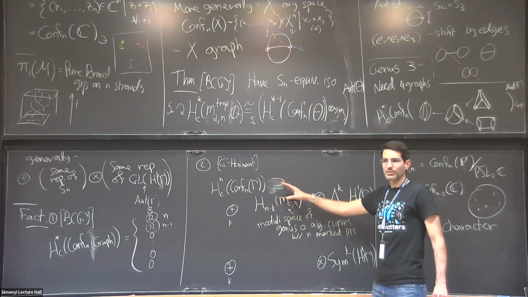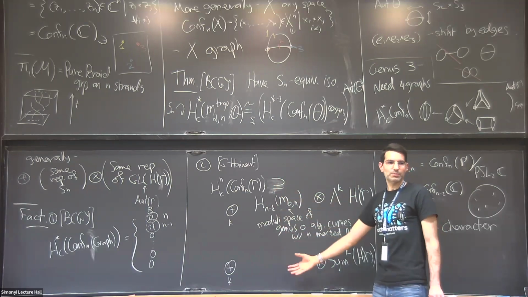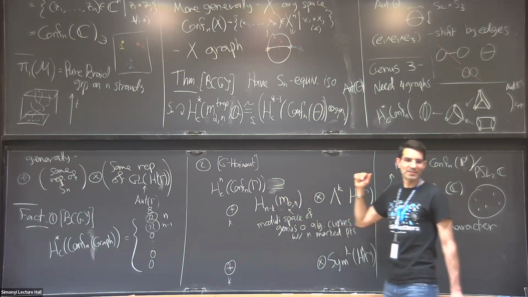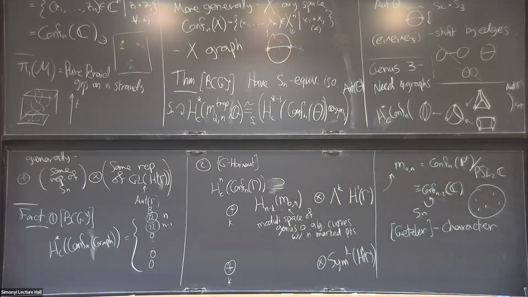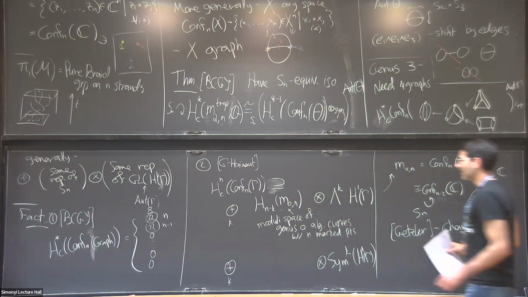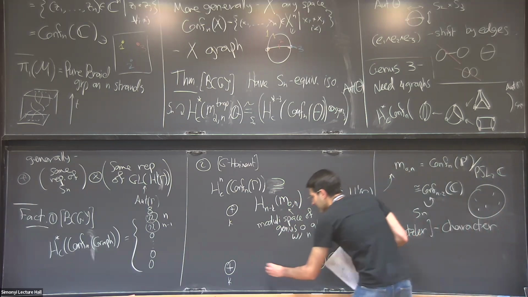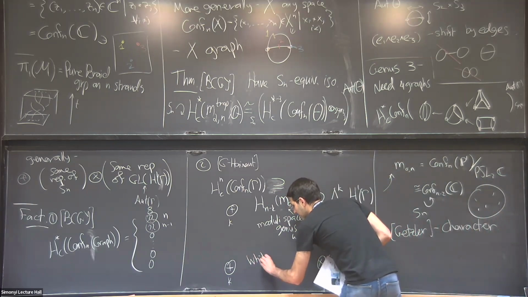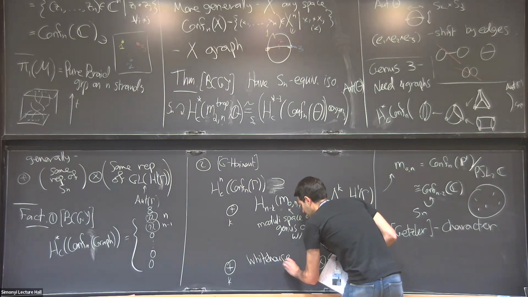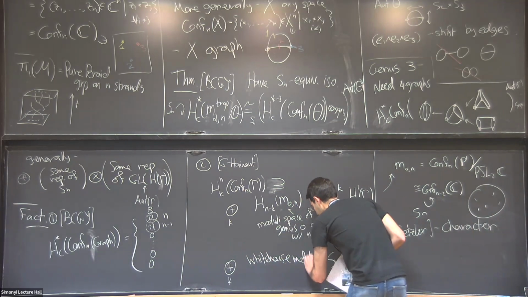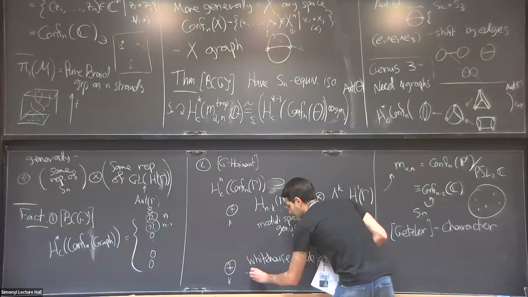Does anyone know a sign twist or an evil twin of the homology of M_{0,n}? Okay, so I'll tell you what it is. This is something called the Whitehouse module. That's also the homology of the space of fully grown trees.